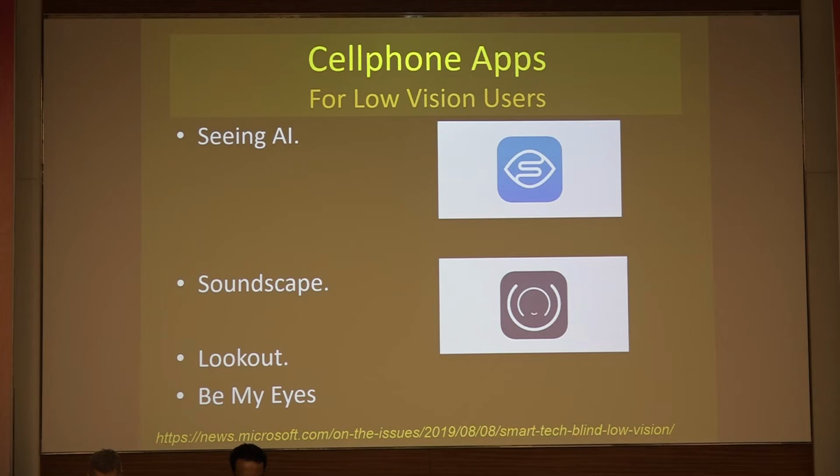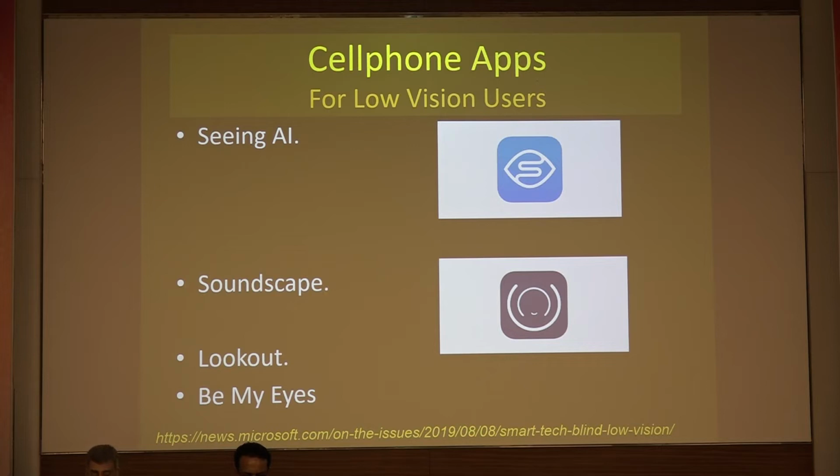And Soundscape is another such app. It can be called a map with 3D sound. This integrates GPS technology to give visually impaired enhanced information. It's a bit like strolling with your friend who tells you about the surroundings. Now we have this particular landmark. And Lookout, Be My Eyes.